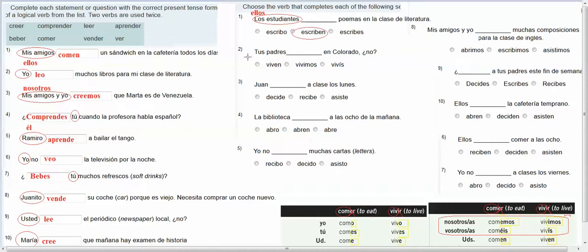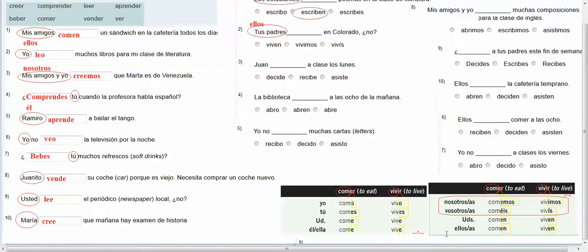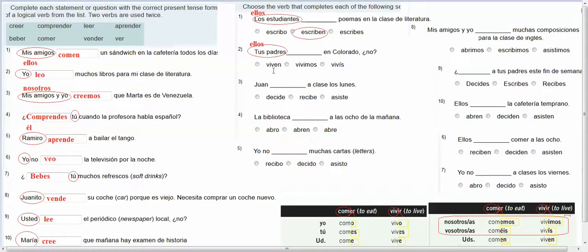Okay. Tus padres blank en Colorado. The subject are your parents. And even though it's got a tus in there, tus without an accent isn't you, it's your. So the subject, the parents, are they. Okay. So ellos for vivir is viven. Okay.